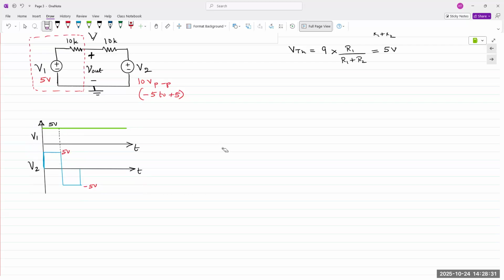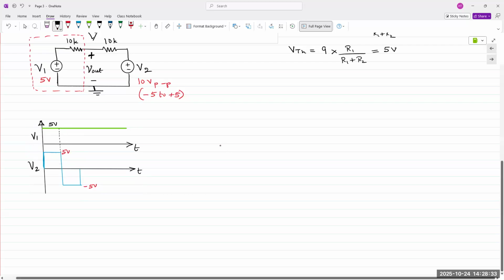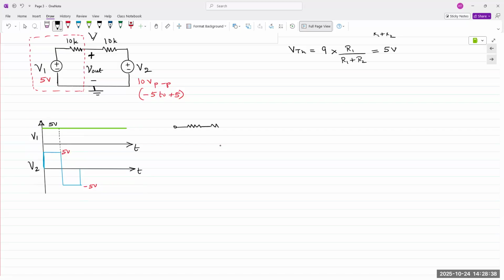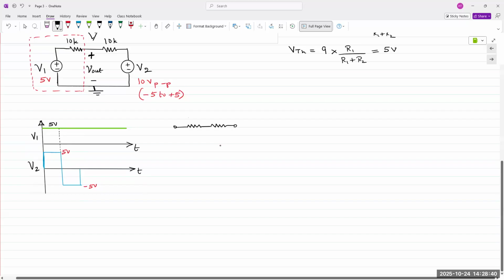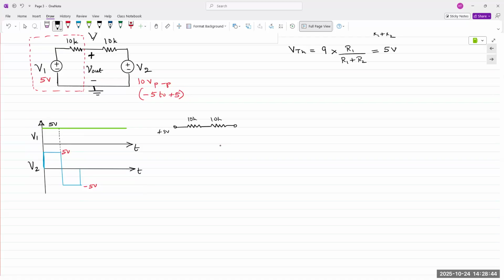When we analyze just that portion, what do we have? We have these two resistors. They are of equal value. We have plus 5 volts DC on the left, and plus 5 volts on the right. Again, this is just for that first half cycle.